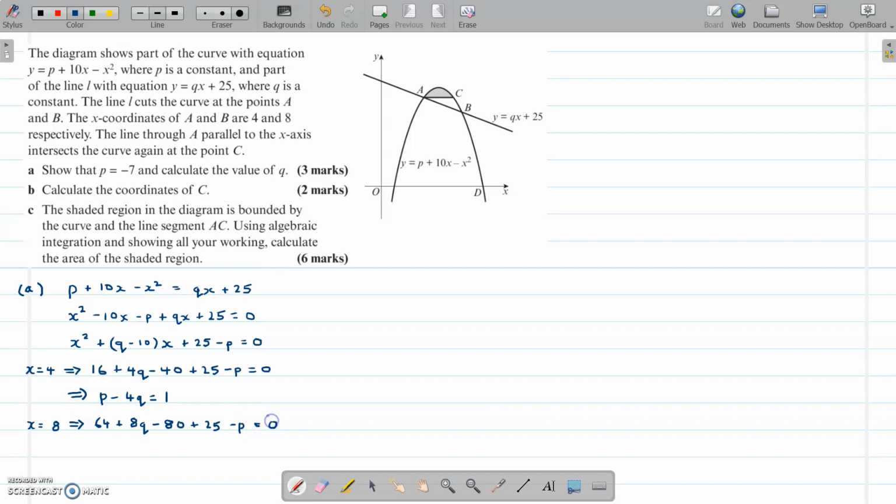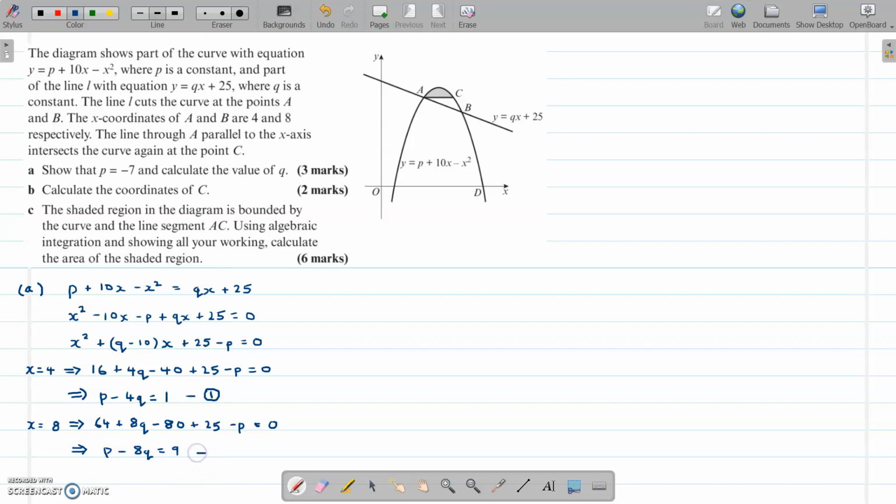If I tidy that one up, I get another equation connecting p and q, this time that p minus 8q equals 9.